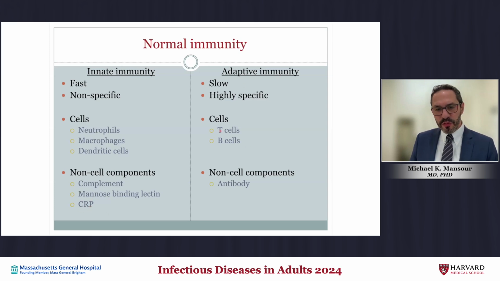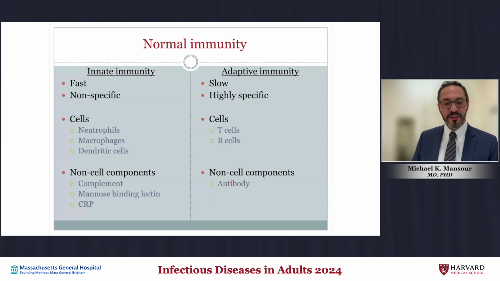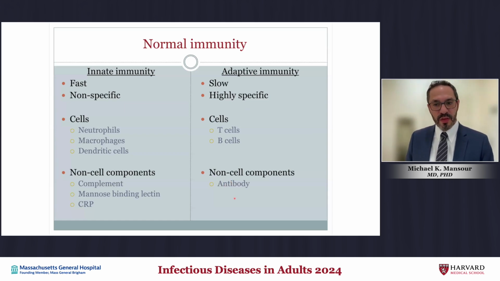The adaptive immune response is simpler, so to speak, because it's classically composed of T and B cells. B cells produce antibodies, and antibodies are the main dominant component of the non-cellular adaptive immune response. So fast and non-specific, versus very slow but highly specific.